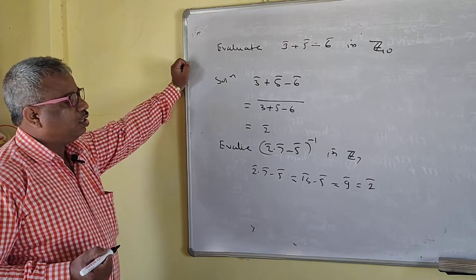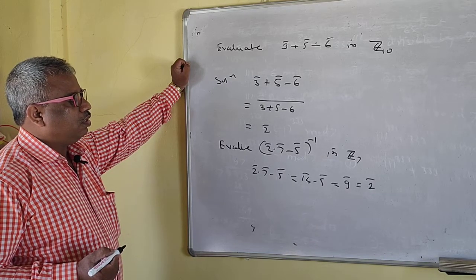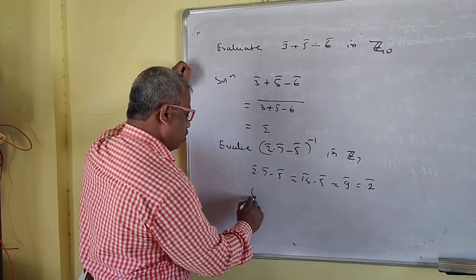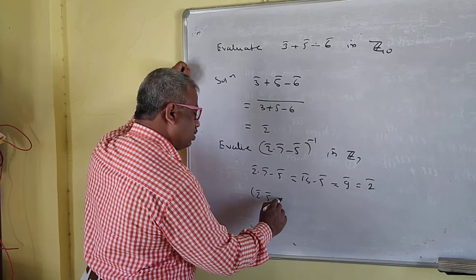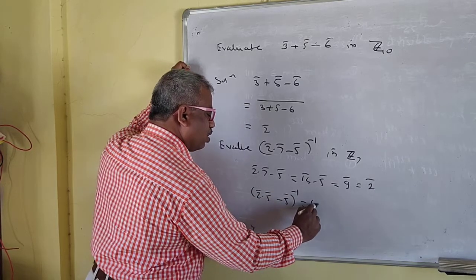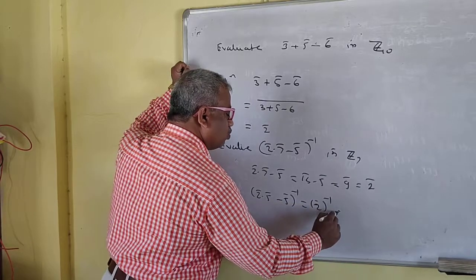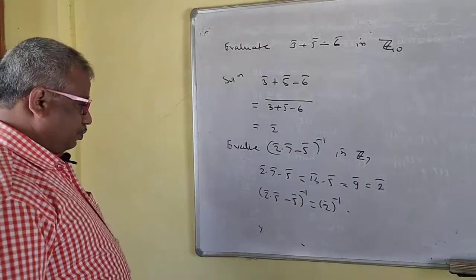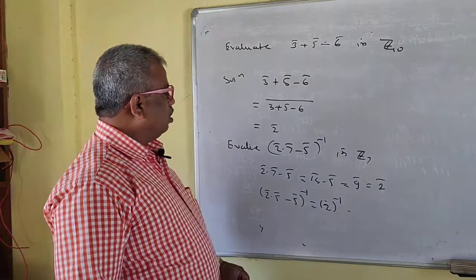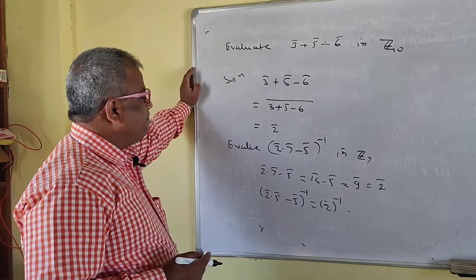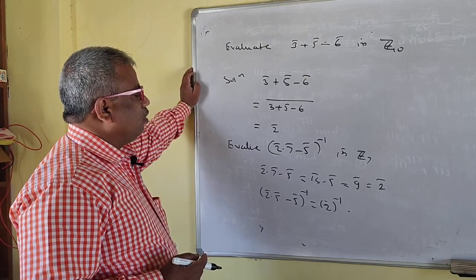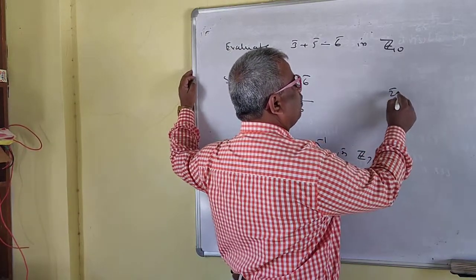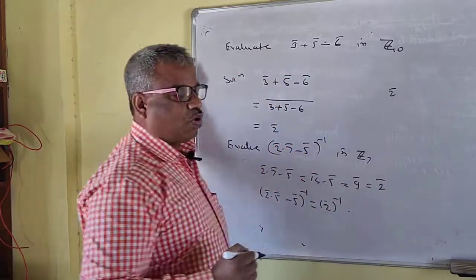So I want the number a bar so that 2 bar into a bar is 1. So I need 2 bar inverse. But whether 2 bar inverse exists or not. So if I multiply 2 bar by 2 bar, it is 4 bar.